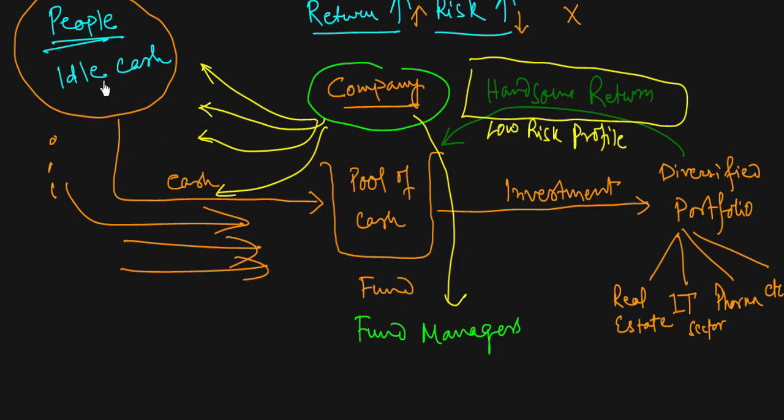So I hope I could make clear how a mutual fund company works. To sum it up, small amounts of cash or investment are pooled from different people of the society. They are asked to invest in this mutual fund set up by the company, and then this pool of cash is available for investment. The company hires fund managers, who are professionally qualified people who can invest this pool of cash into a beautifully maintained diversified portfolio, so that the return can be maximized while keeping the risk low.